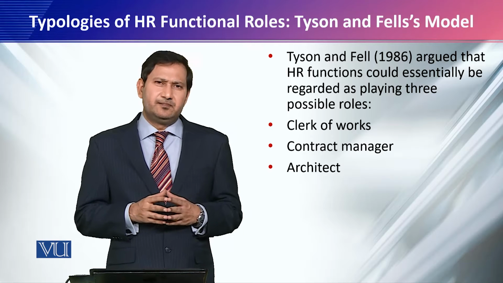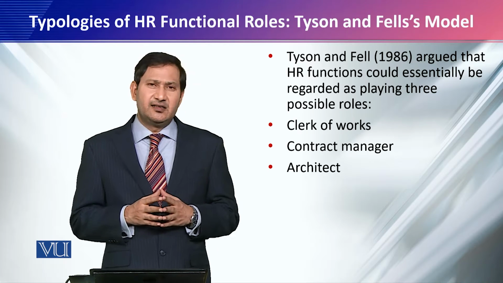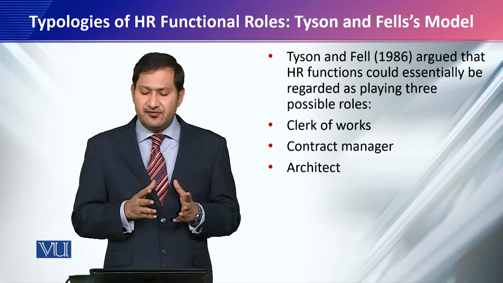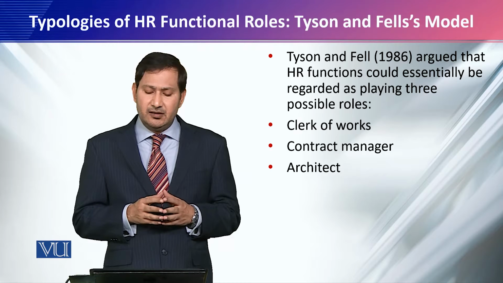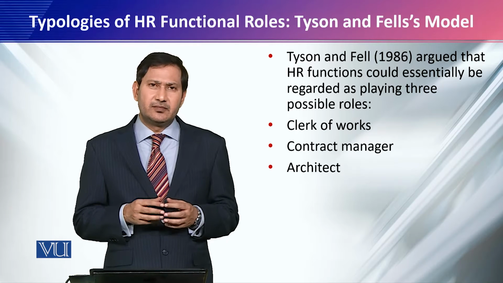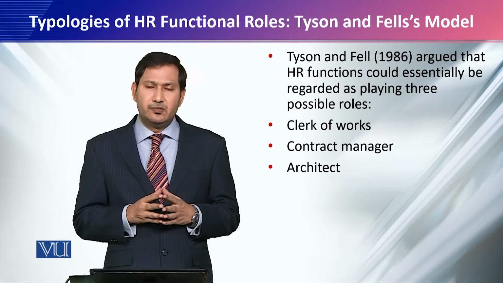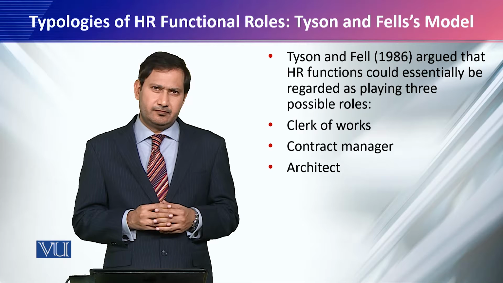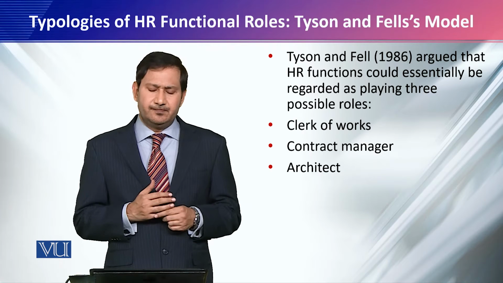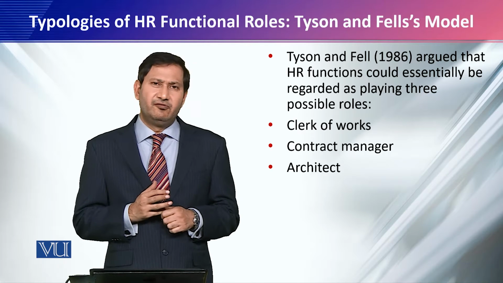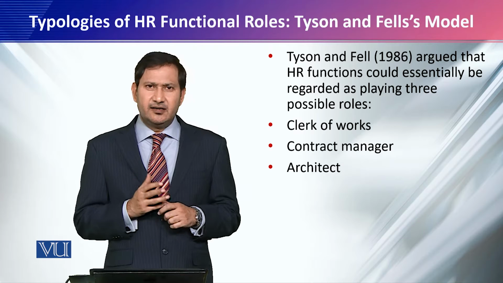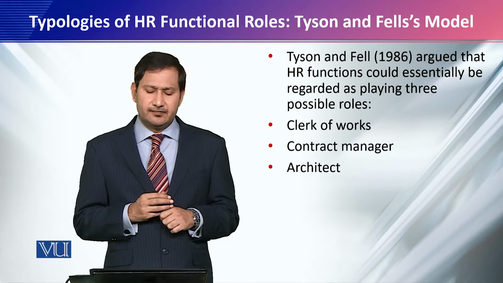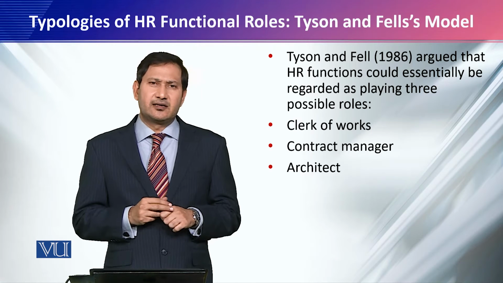What is it? Tyson and Fell 1986 argued that HR functions could essentially be regarded as playing 3 possible roles. First, the clerks of works. Second, the contracts manager. And the third, architect.